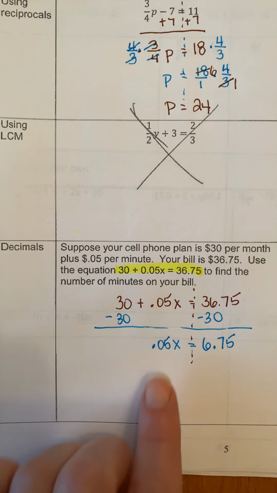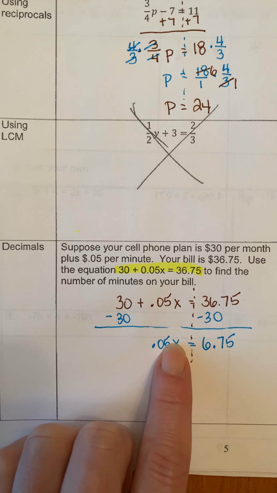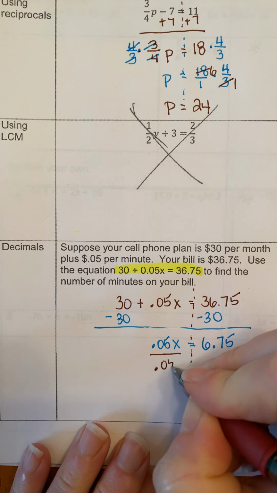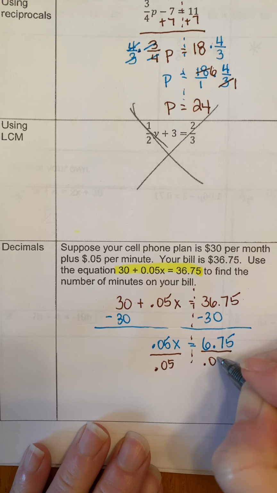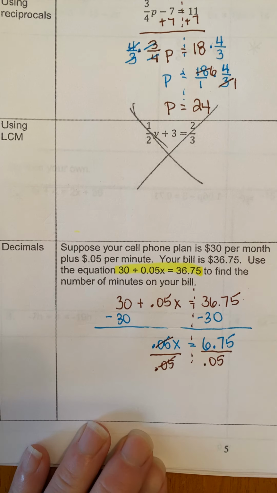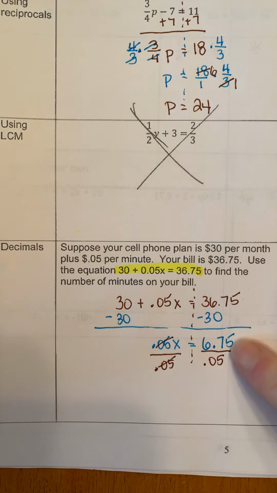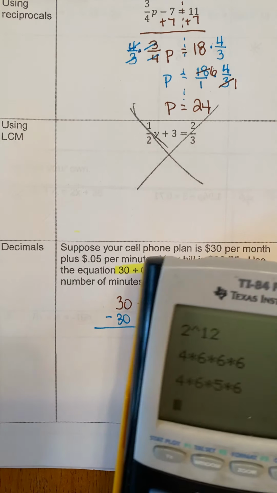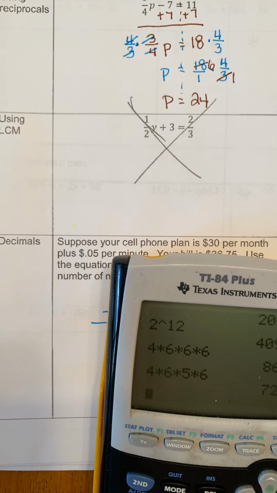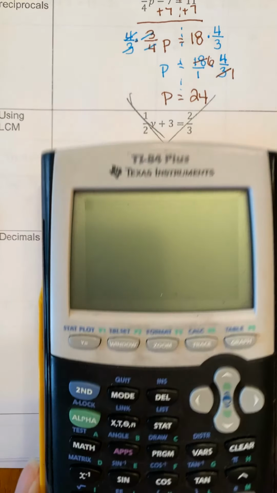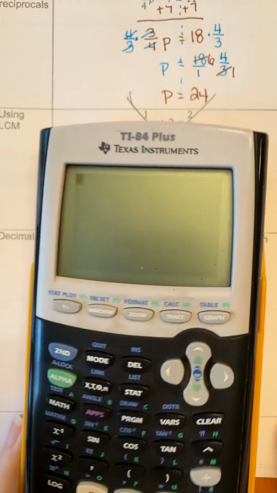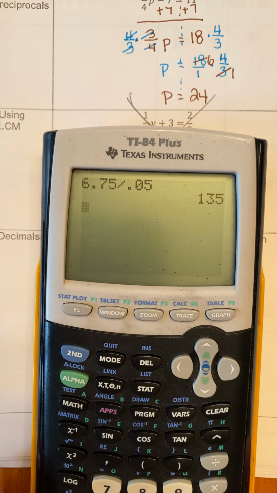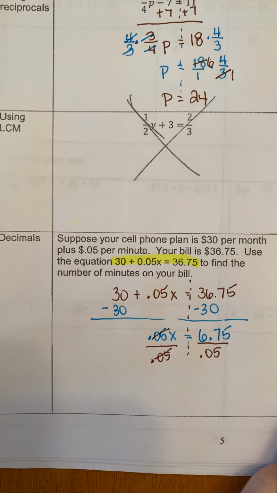My last step is to undo 0.05 times x by dividing both sides by 0.05, which cancels here. Of course, we don't know how to do that in our heads. We learned at some point how to do it with long division, but we're going to go ahead and get our calculator out. Hopefully you can see that. We had 6.75 divided by 0.05, so x would equal 135.